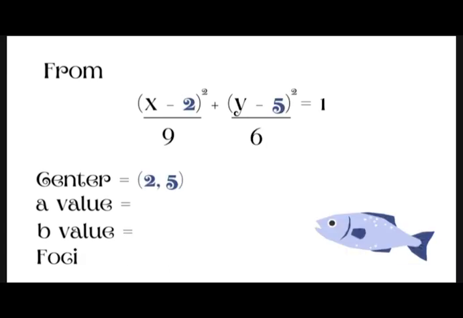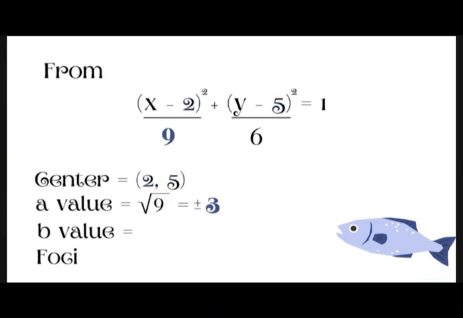We can also say that from our equation, x minus 2 squared on 9 plus y minus 5 squared on 6 equals 1, our center is 2, 5. Our a value, which lies on the major axis, since 9 is greater than 6, major meaning big, is root 9 equals plus or minus 3.